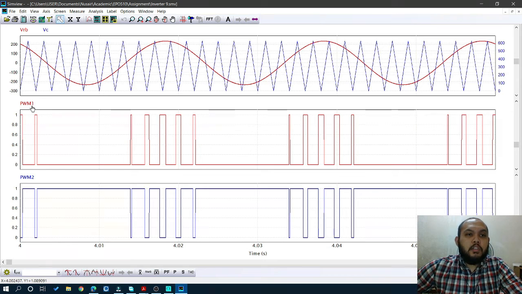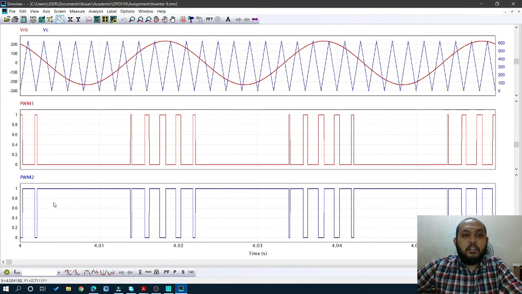The PWM signal operates during the positive half cycle of the inverter, which is when the reference signal is greater than the carrier signal, which produces an output of 1, while when the carrier signal is greater than our reference signal, it will produce an output of 0.